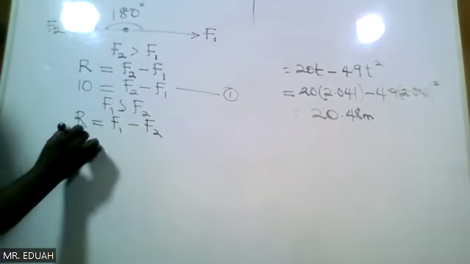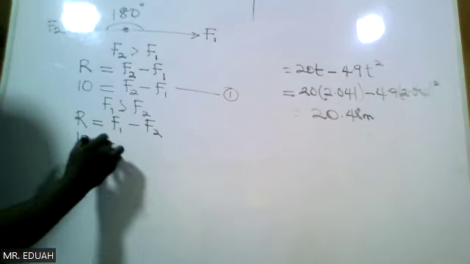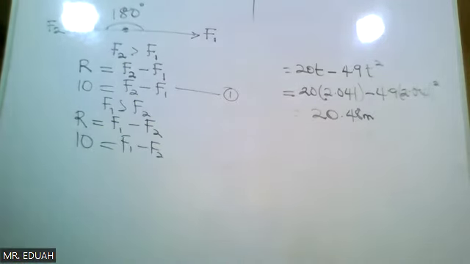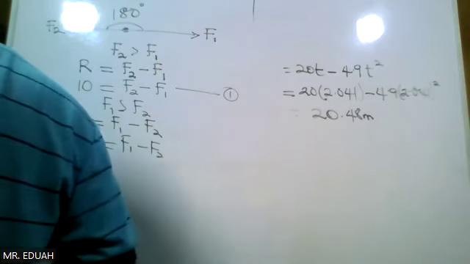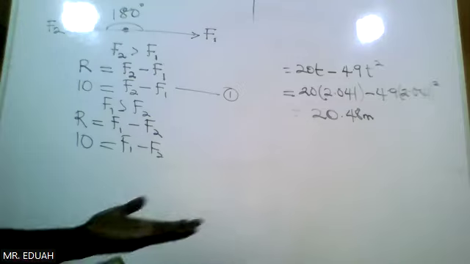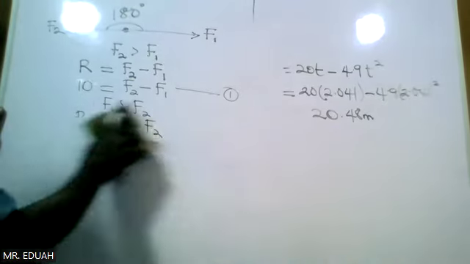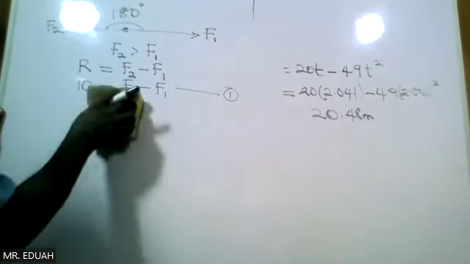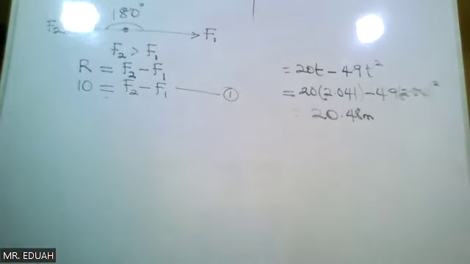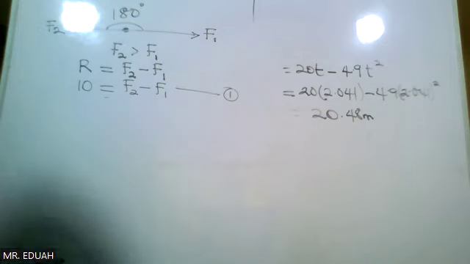So this time the resultant will be 10 is equal to F1 minus F2. The choice is yours, because the question wasn't clear concerning the larger force. So the choice is ours to assume. Thank you. All right.